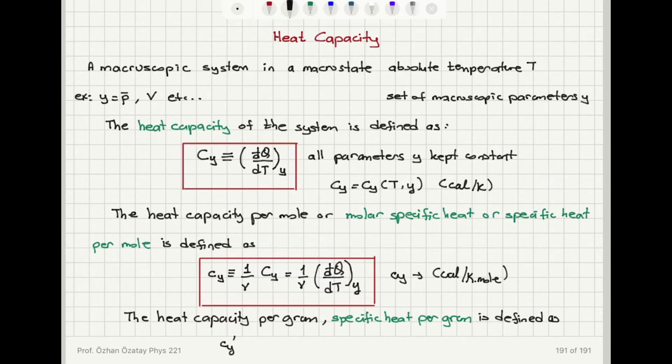Let's show it with c_Y prime in order to indicate that it's a different specific heat. It is 1 over the mass multiplied by the heat capacity, which is 1 over m, d bar Q by dT, with Y parameters kept constant.